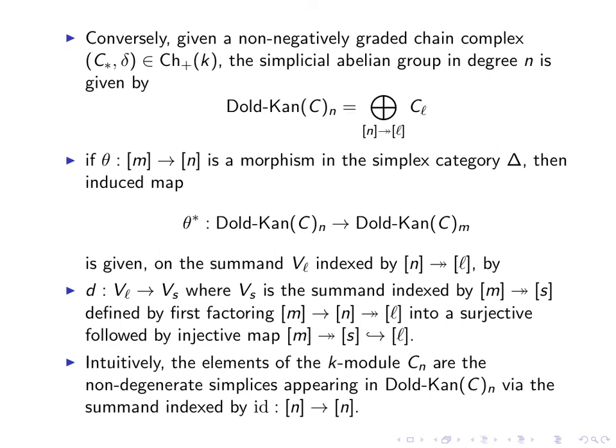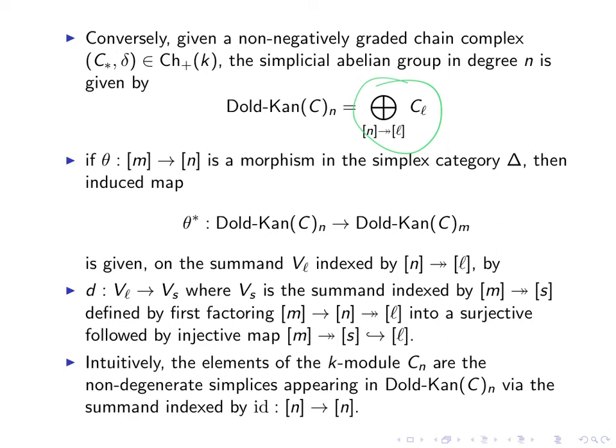Conversely, the Dold-Kan map itself: given a non-negatively graded complex of K-vector spaces, the simplicial abelian group in degree n is given by this formula here. So it's a bunch of copies of the terms, the lower degree terms in the chain complex of K-vector spaces, of degree n or lower.